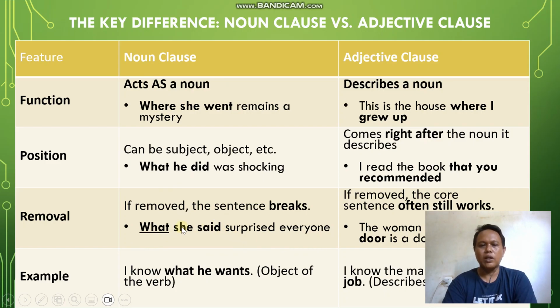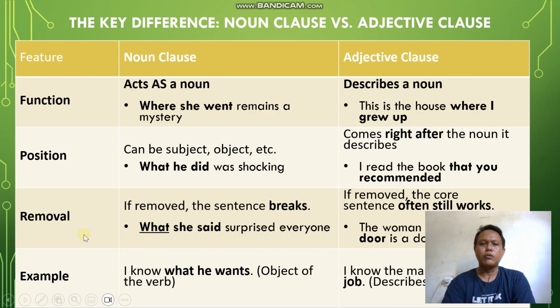When we remove what she said, the sentence becomes surprised everyone. What is the meaning? Who surprised everyone? So this is not a complete meaning. If we remove the noun clause, the sentence breaks.